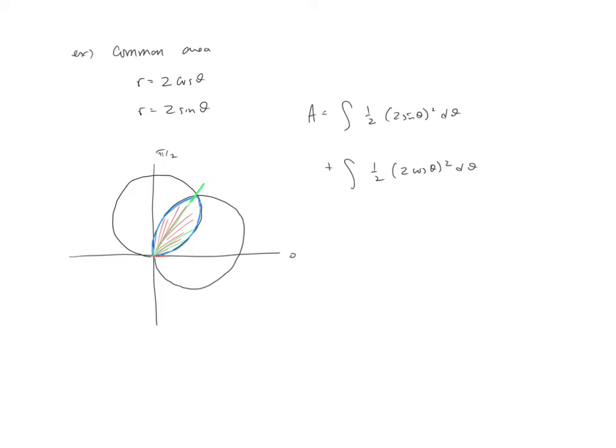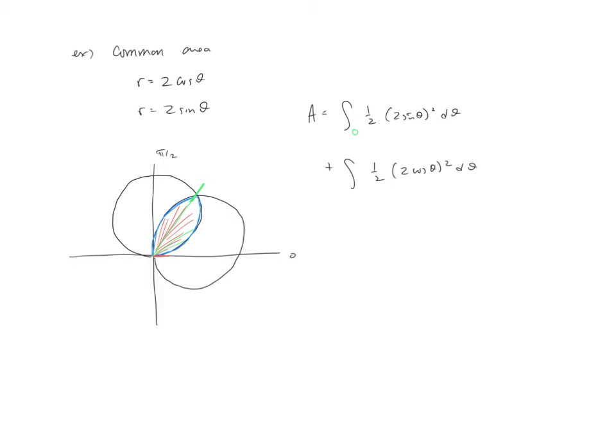All right, so now let's talk about where to start and end on these bounds. Well, for the sine circle, it's pretty clear that I would start here at 0. I would continue around up until I got to this point of intersection, and then I would stop, and then I would pick back up again here on my cosine curve all the way back down.